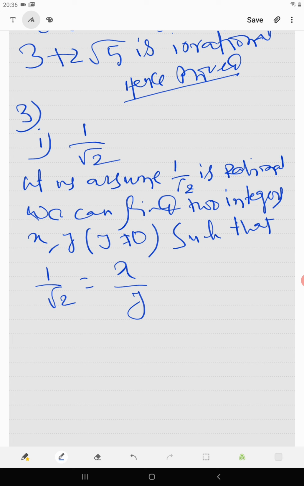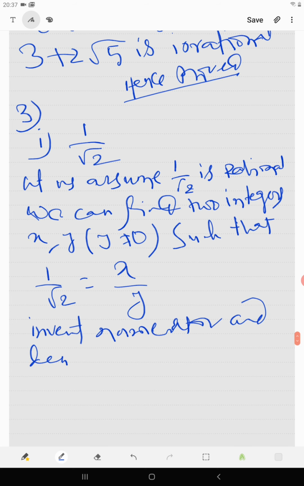We will make the denominator the numerator, or divide by 1. Divide LHS and RHS by 1. Or you can say just invert the numerator and denominator on both sides.